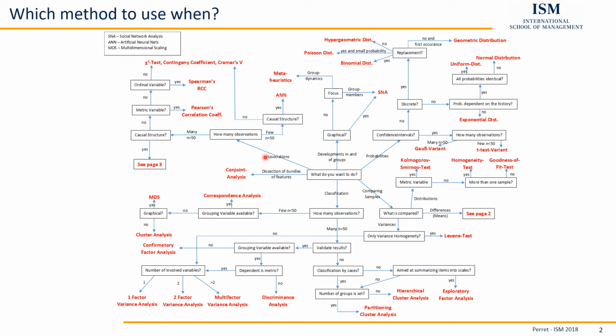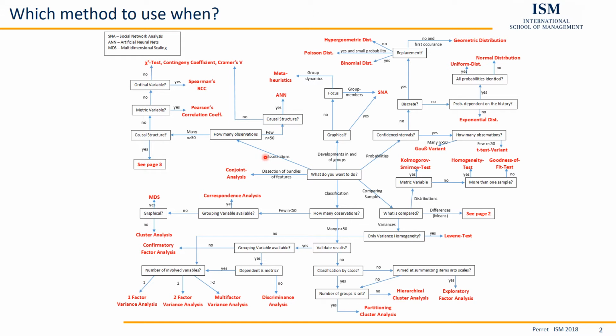However, usually they're relatively hard to actually implement. So here, basically, this assumes you use SPSS. We have a possibility to use artificial neural networks in SPSS, but it's a limited approach. However, it's a decent enough approach if you assume this causal structure and want to in some way model this.